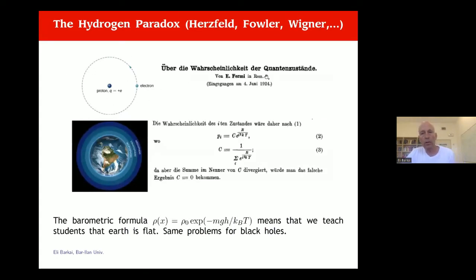This was considered by Fermi in 1924, at the beginning of the quantum revolution. And this will be a motivation for some case where normalization is not happening, a very simple and well-known case, which is the hydrogen atom. As you know, for the hydrogen atom in the classical world, you have acceleration, and then according to Maxwell, it will radiate, and then the electron will collapse on the proton.